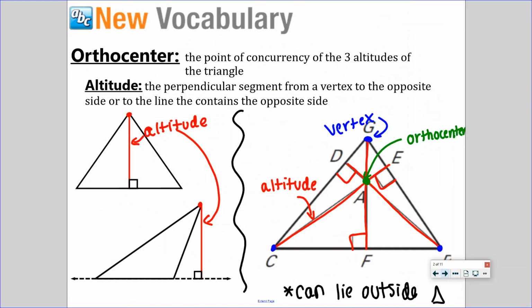Who can remind us where an orthocenter occurs? The point where the three altitudes meet. Good. Remember, an altitude is from a vertex perpendicular to the opposite side. So if I did that for all three vertices of my triangle, they would intersect at the orthocenter.